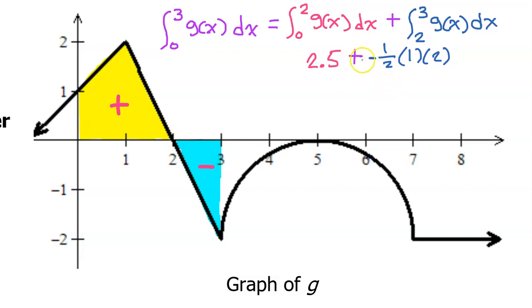And I don't like to put plus a negative, so I'm just going to erase this and put a minus. So we have 2.5, and 1/2 of 2 is 1. So we have 2.5 minus 1, which equals 1.5. So that's the final answer. That is the integral of g from 0 to 3.